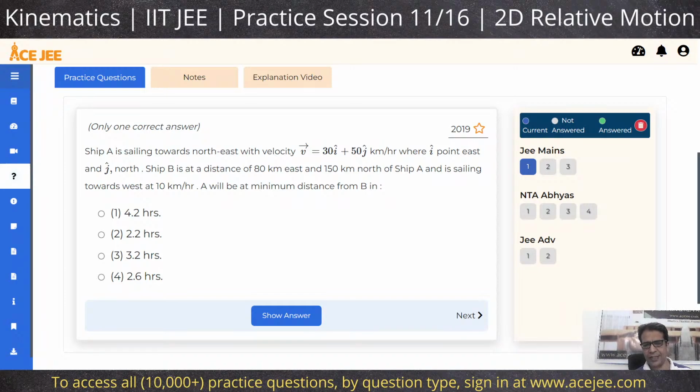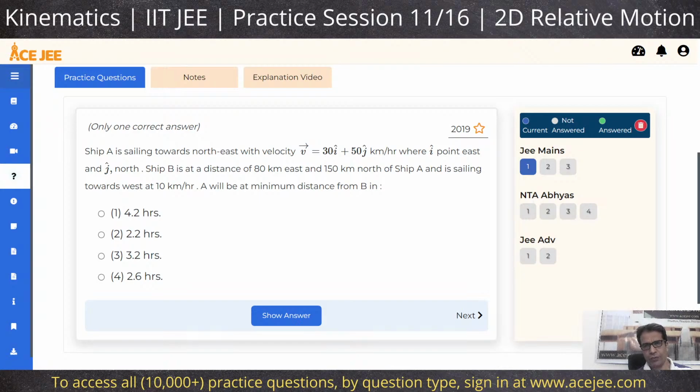Let's find the relative velocity of ship A with respect to ship B. Once we have done that, you will notice that the relative velocity is not in the direction of the relative position vector, which means it's not going to be hitting ship B.